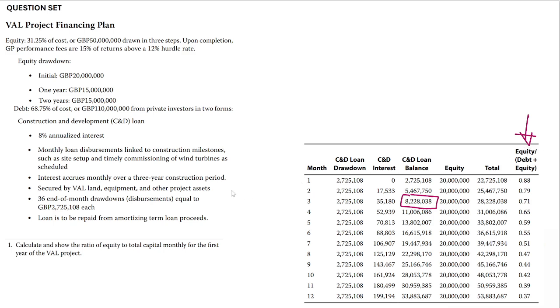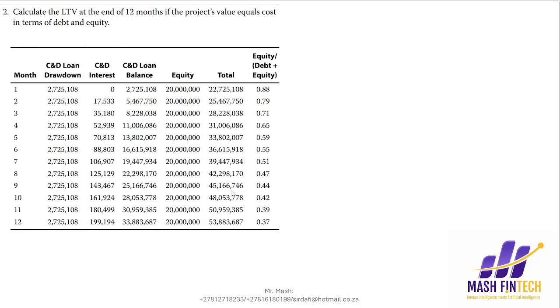Then the second question: calculate the loan to value at the end of month 12, given the project's value costs in terms of debt and equity. So you have this debt and equity, and remember the loan to value is simply given by the outstanding debt over the property value.